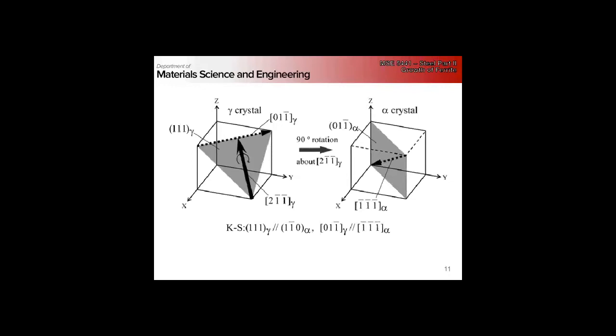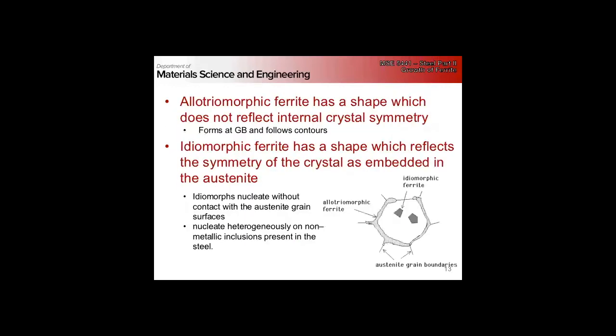So the Kurdjumov-Sachs relationship aligns the close-packed directions in both crystals. It also aligns the primary slip systems in both crystal systems. So having an understanding of this orientation relationship is important.